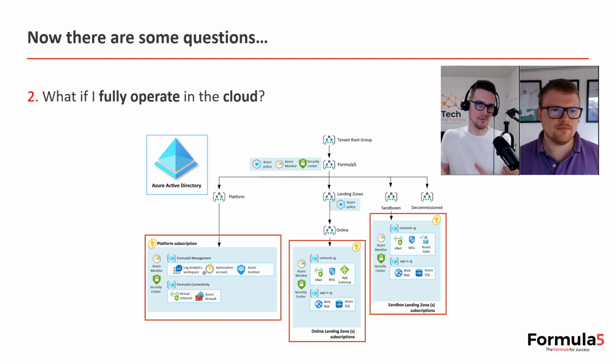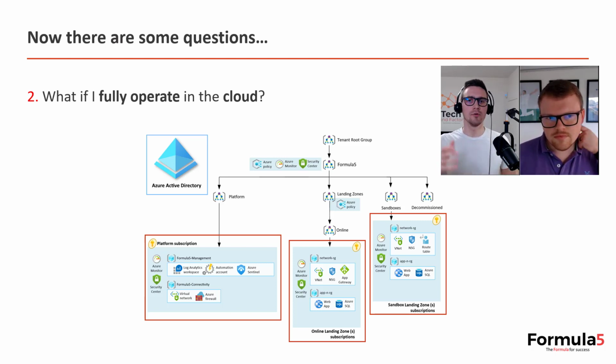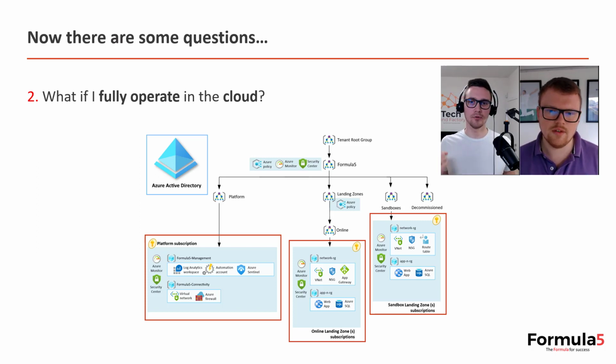So basically, what is recommended is this split. We have a management group responsible for managing our online platform application landing zone, and on the other side we have other management groups to, for instance, manage policies for our sandbox landing zone. Is that correct?